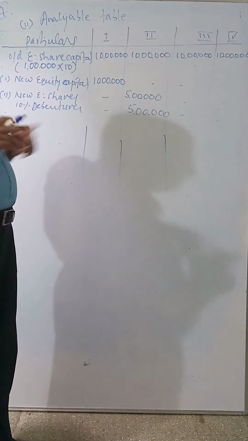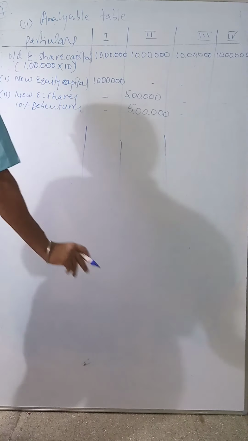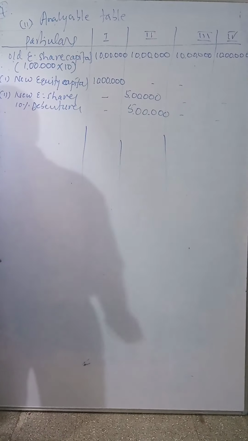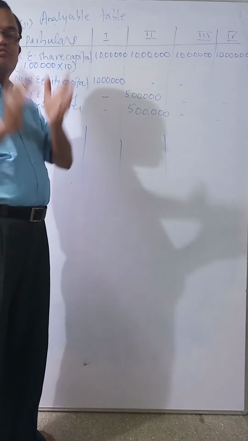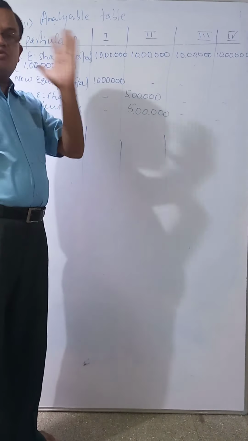Third plan, what they have given: all debentures carrying 8% interest. The 10 lakh should be issued through 8% debentures.